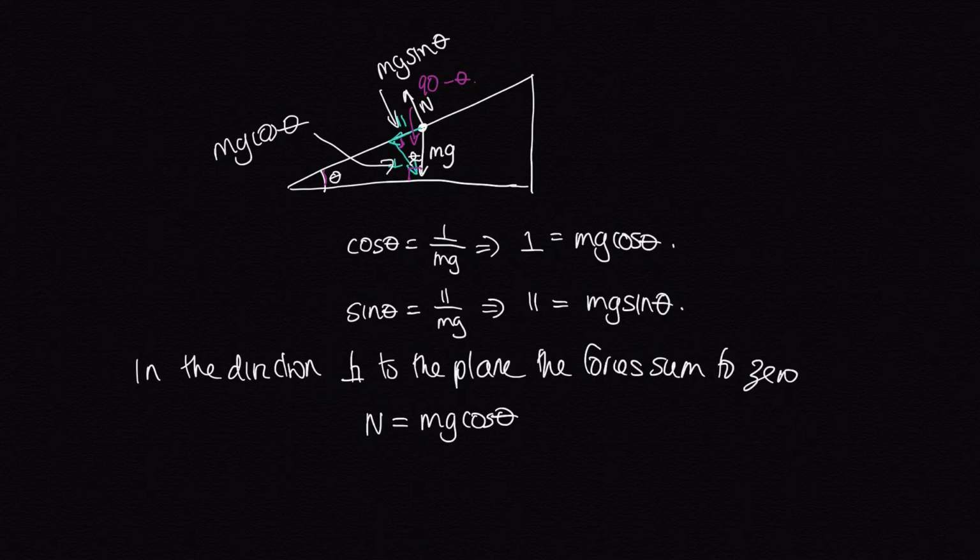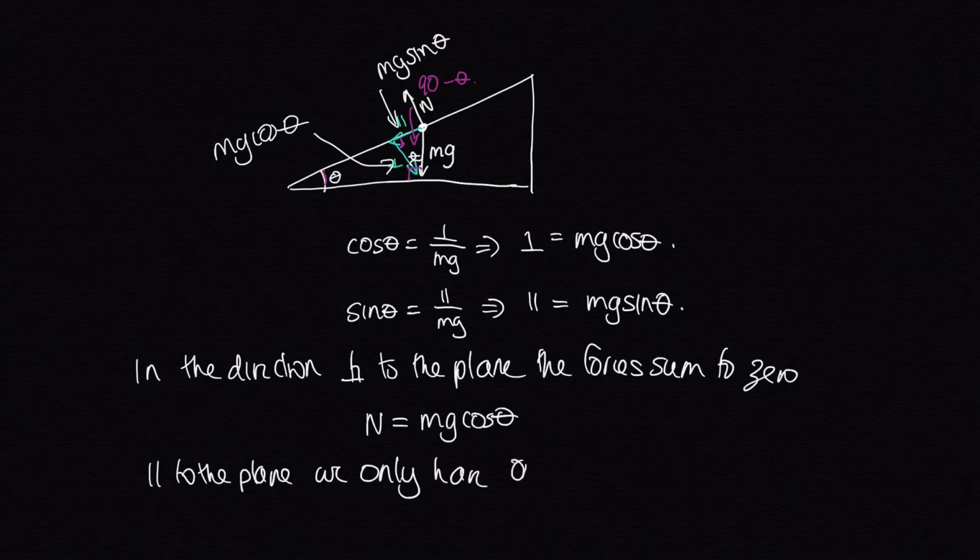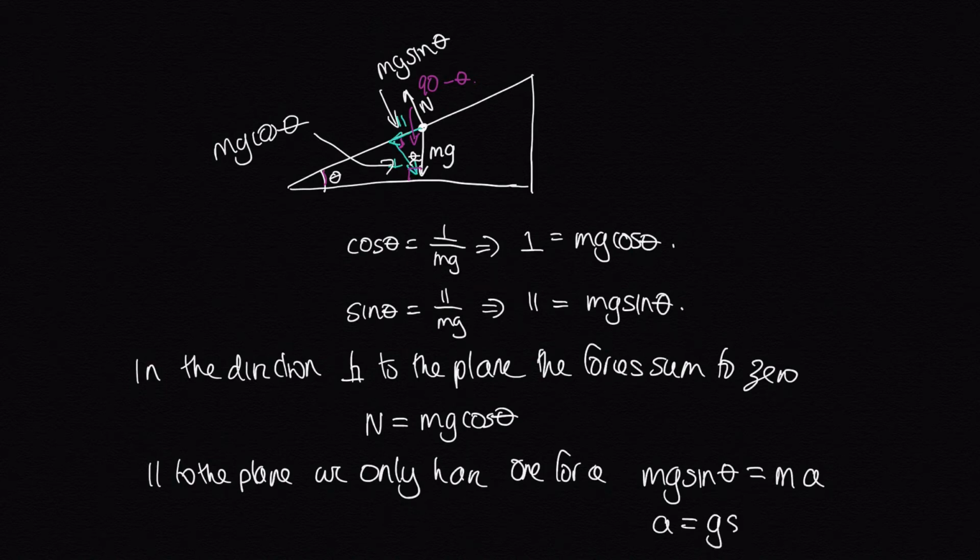Now, in the direction parallel to the plane, we only have one force, and this force is equal to mg sine theta. Because this is the only force, it must be equal to ma, and so we end up with a is equal to g sine theta down the plane and parallel to it.